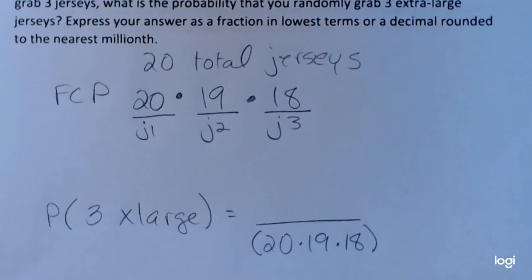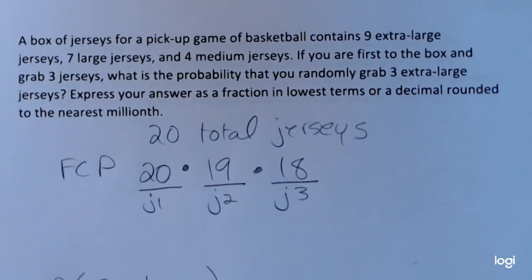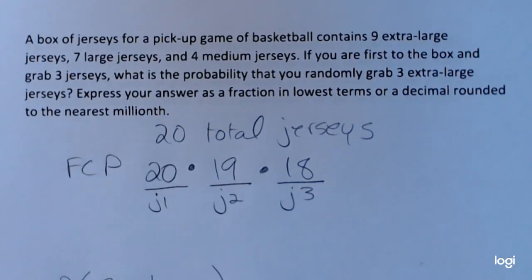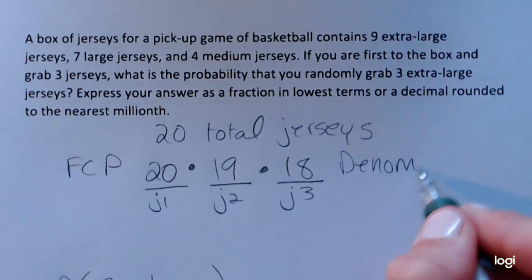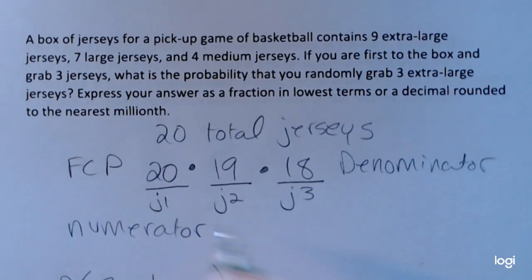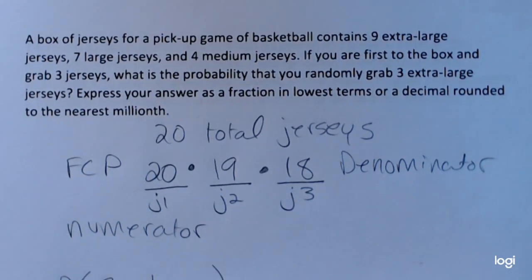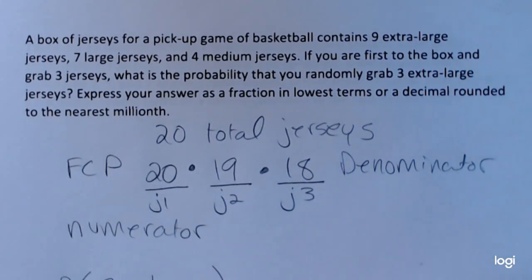Now the numerator is just the situation where we get only extra large, and we want 3 of those. So we have 9 extra large jerseys, and again, we're sampling without replacement. Using the same reasoning, this up here would be the denominator. For the numerator, again, the numerator is always a subset of the denominator in probability. So contained in all of these possibilities is the case where we get exactly 3 extra large.